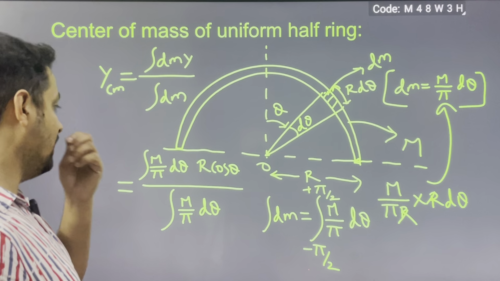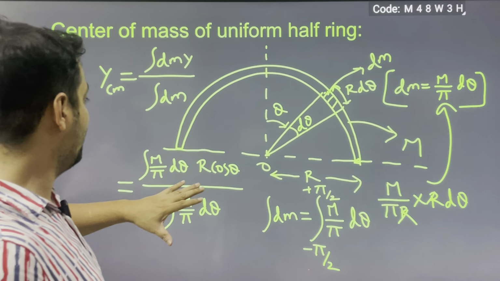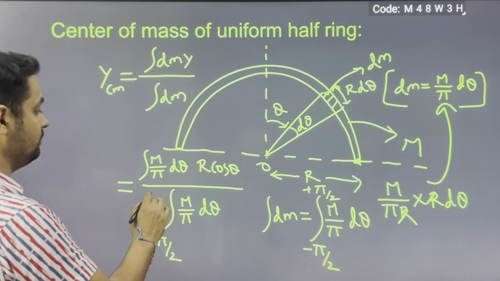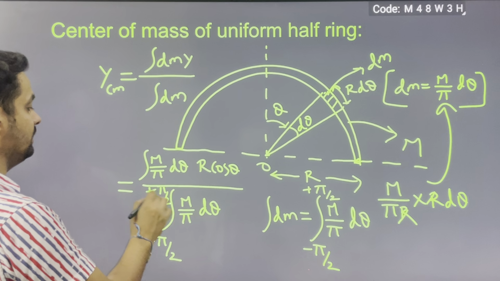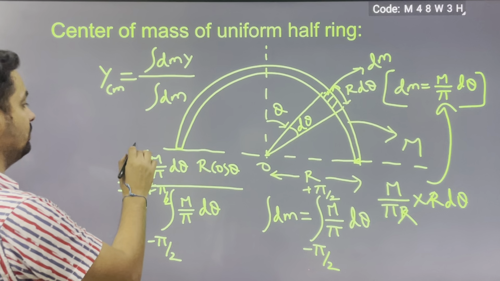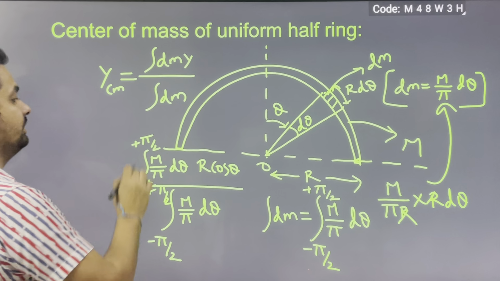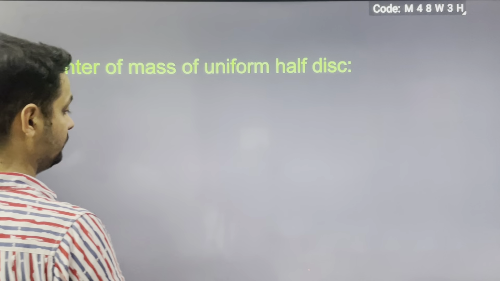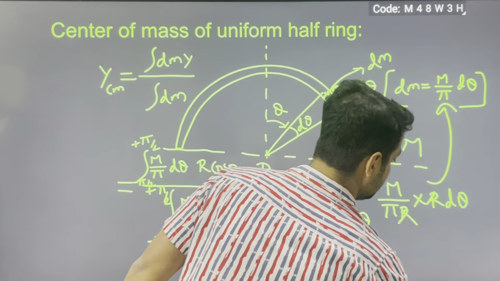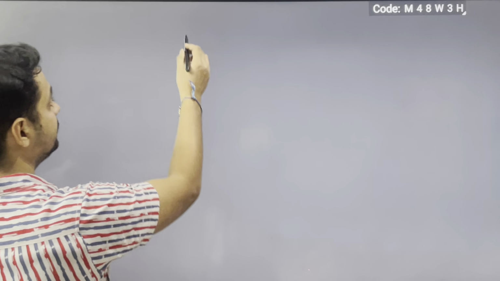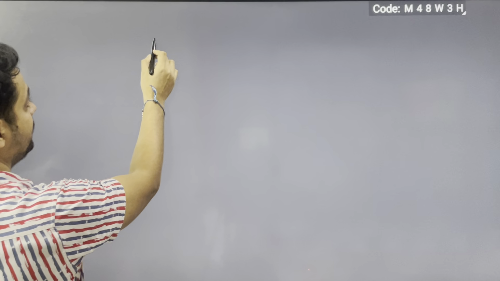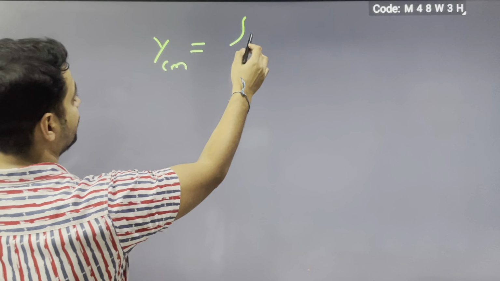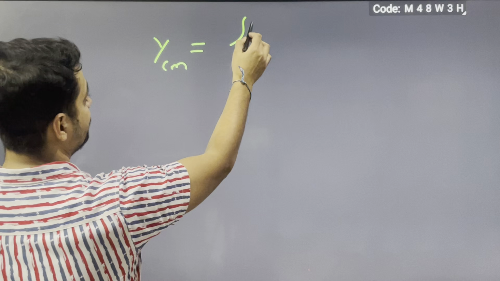Correct? Now our objective is to integrate it, and the limit will be minus pi by 2 to plus pi by 2. So we will integrate this. Here we have to find the y center of mass, and we have written already, this was m by pi.